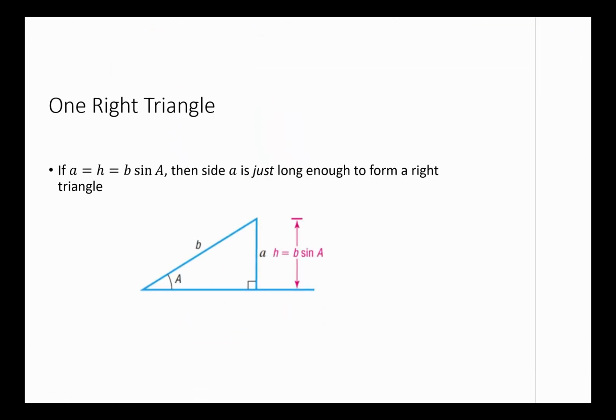So if I calculate my height, and I find out that A is equal to H, so the side that's opposite the angle is equal to the height, then I'm going to have just one triangle.